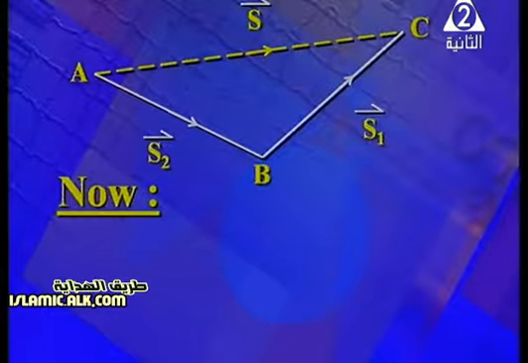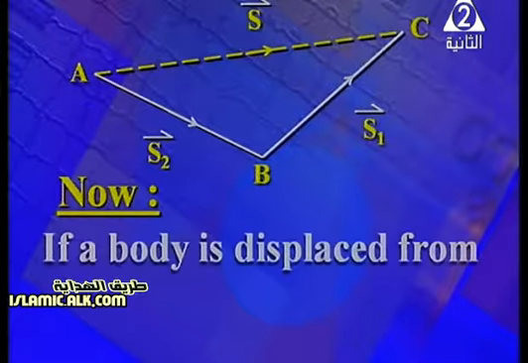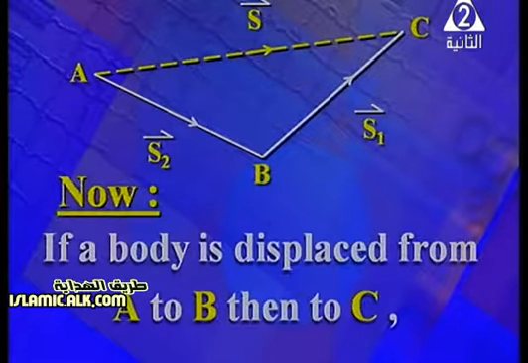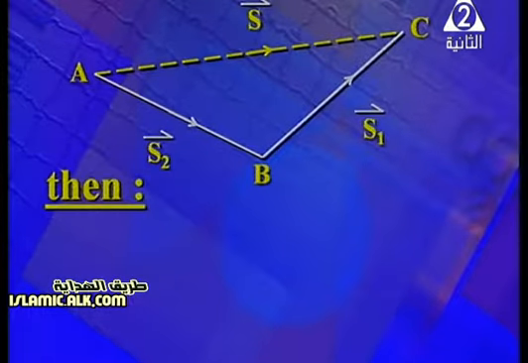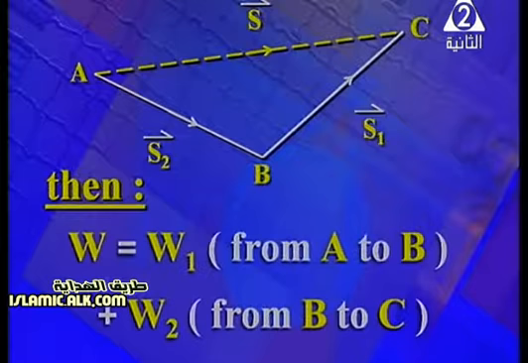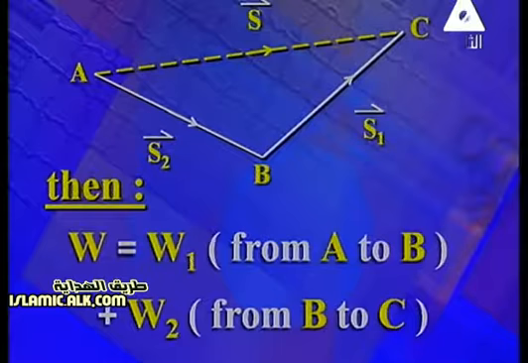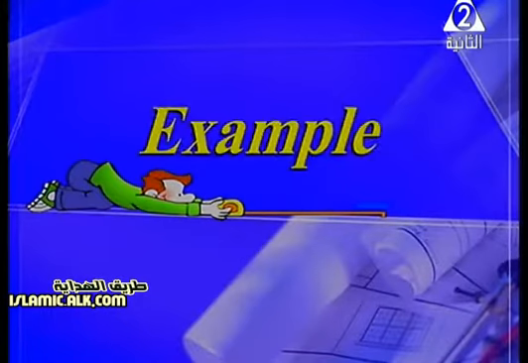The body moves from A to B, then from B to C. What do we deduce? The work done equals the sum of two works, W1 from A to B plus W2 from B to C.